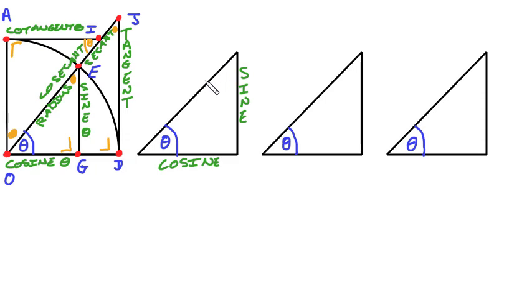And the hypotenuse of this right angle triangle has a length which is the radius length. So this will be the radius.